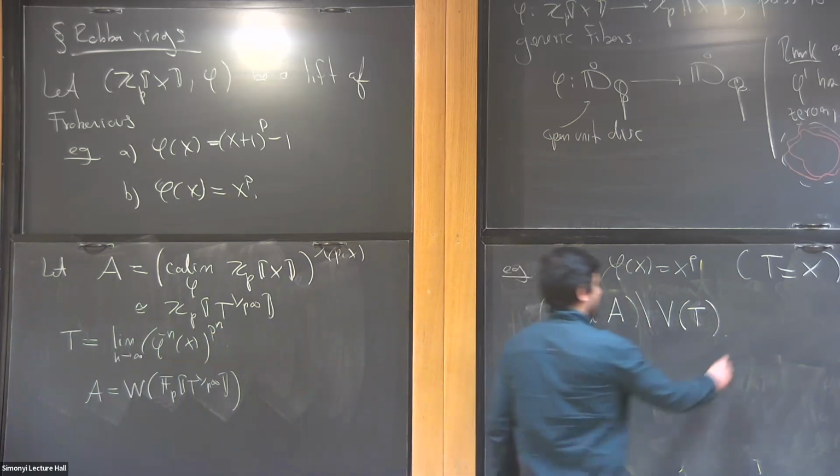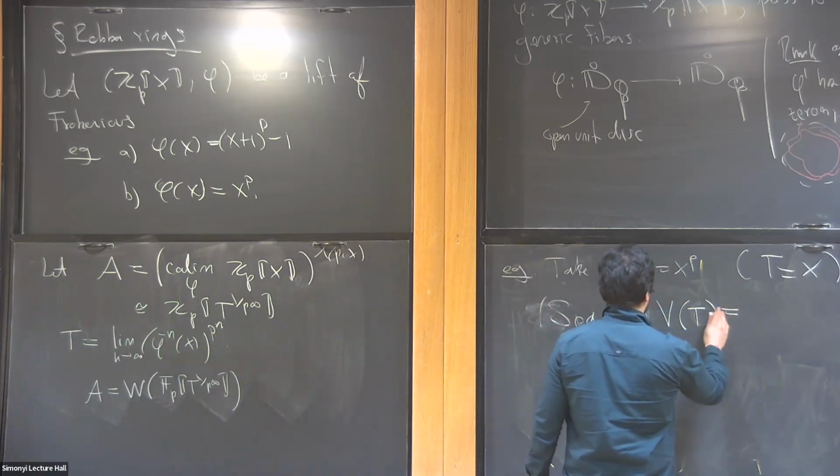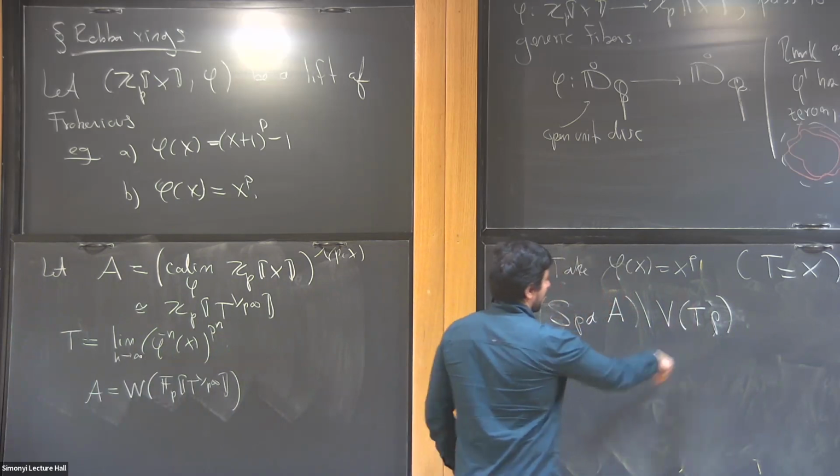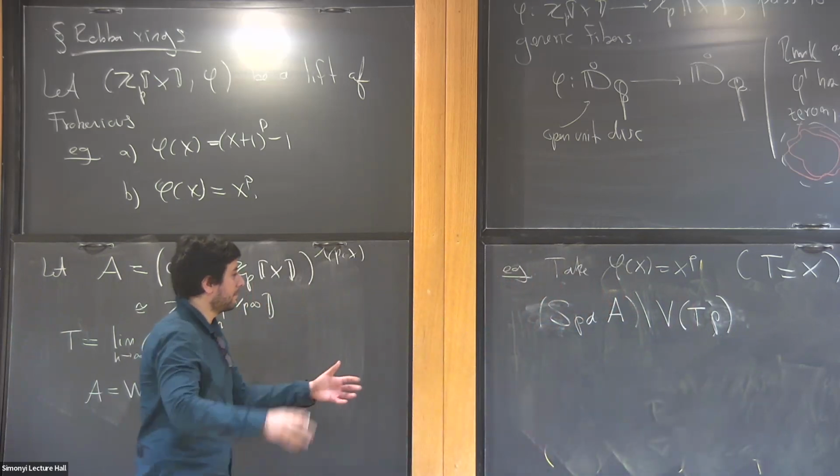Then, let me invert the locus where t or p are 0. Yes, so I want to invert t and invert p.